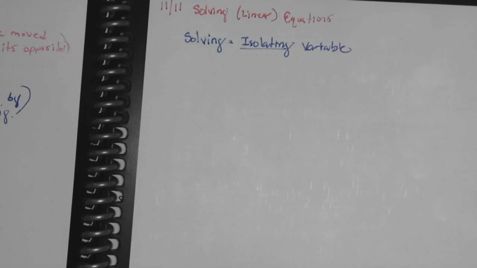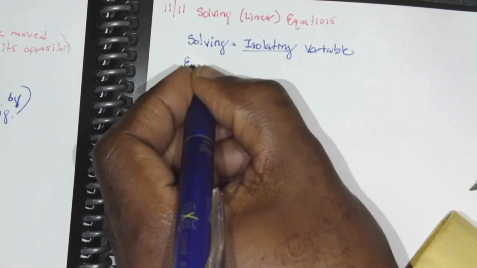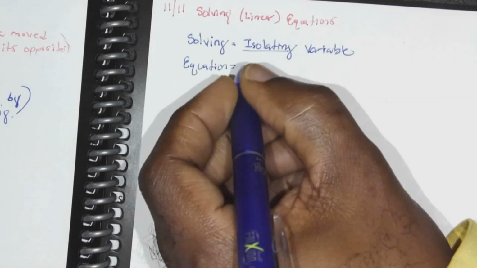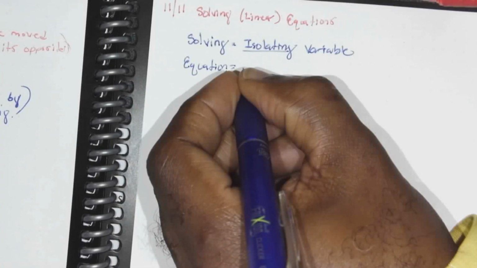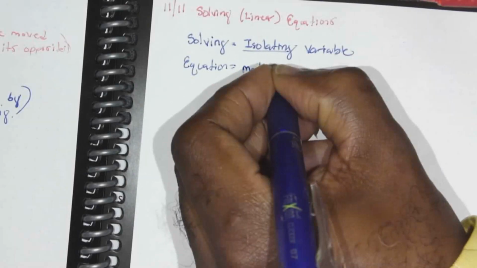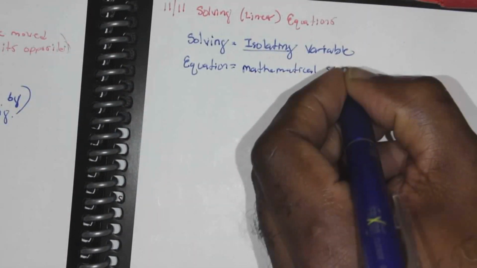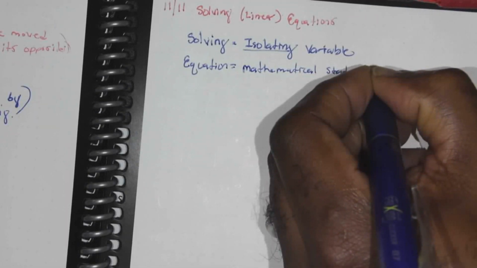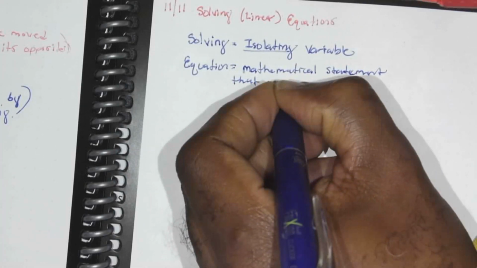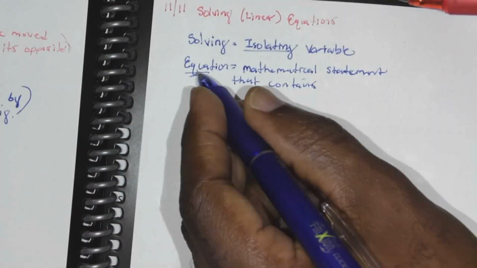Now, an equation, let's break down this whole thing. An equation is a mathematical statement that contains that word right there.